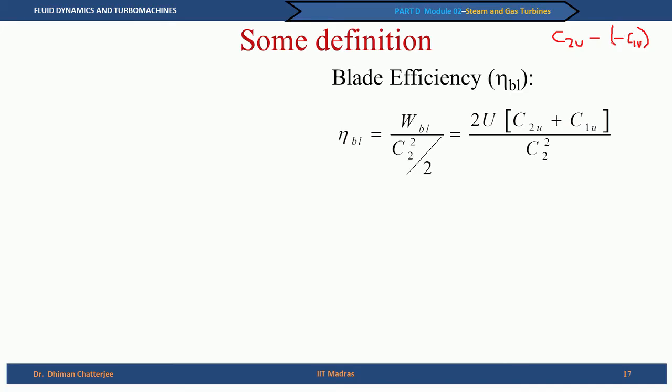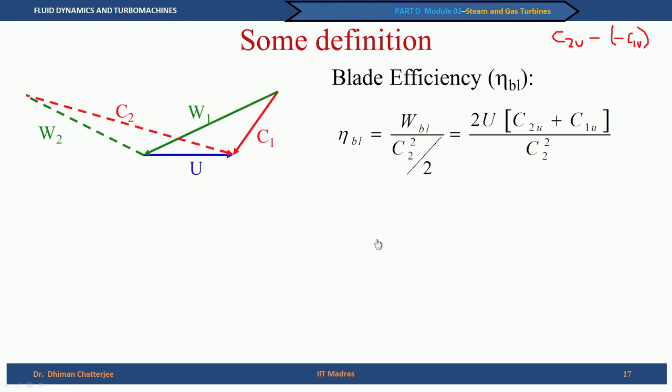This second minus inside the bracket actually denotes that C 1 u is in the direction opposite to C 2 u, and we are talking about the total distance in the graphical scheme. So, we can say C 2 u plus C 1 u by C 2 square.